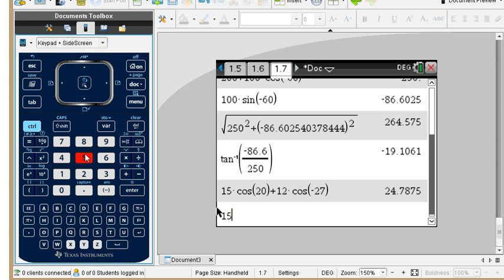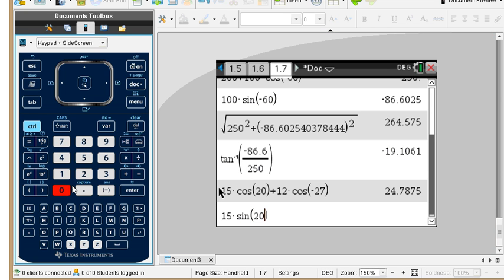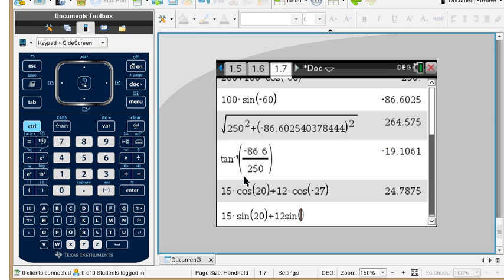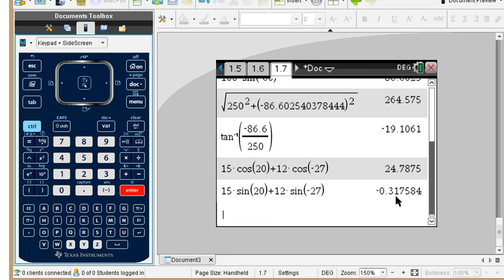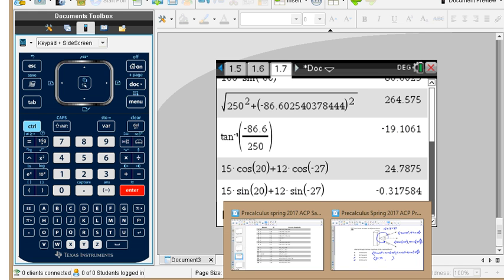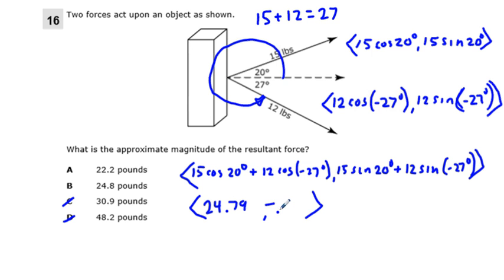So 15 times sine 20 degrees plus 12 sine negative 27 degrees. I think they're going to cancel each other out pretty well. We're going to get negative 0.32. So we go here, negative 0.32.